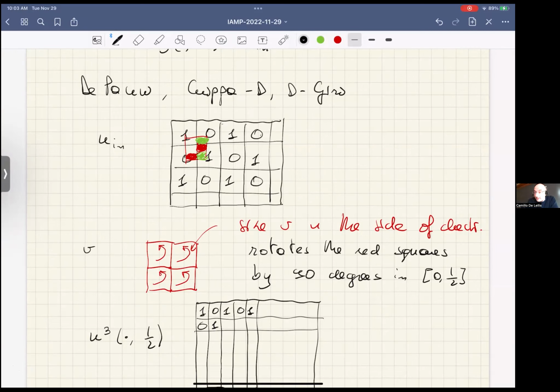For a fixed time, though. So I told you that this is happening at time t equal 1, but time t equal 1 really doesn't play a role. I can make it happen even at earlier times if I want. I just have to tweak the parameters of the construction.